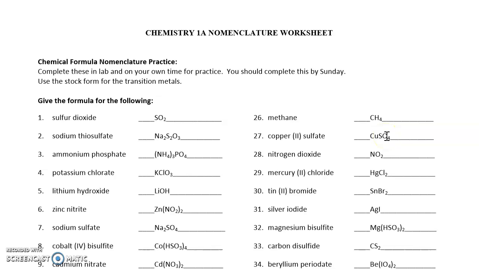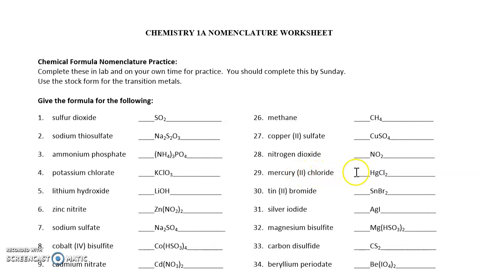We know as a polyatomic ion, sulfate is -2, and I could actually solve for the Roman numeral, because if I know sulfate is -2 and I've got one copper, copper must be +2 because the sum of the charges must be 0. So copper 2 sulfate, the charge on the cation is +2.